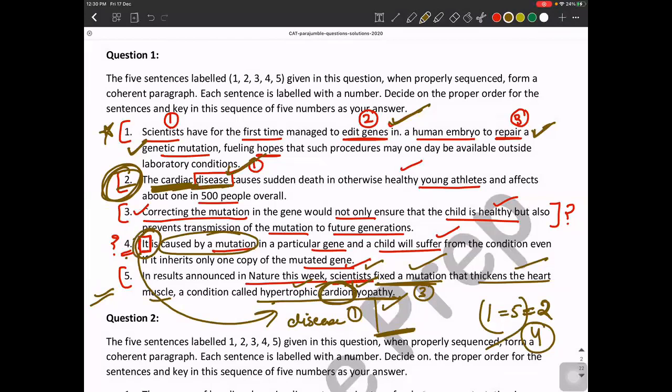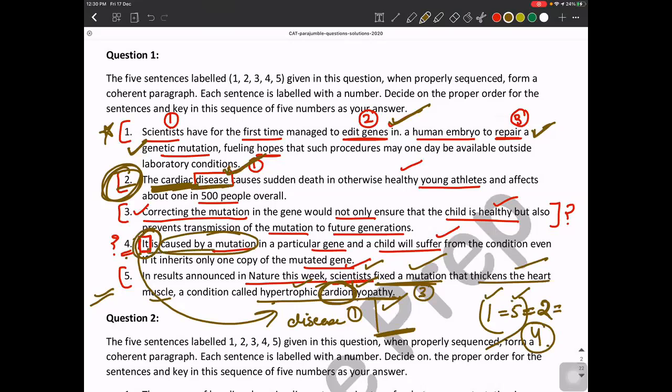I think it's very clear, right? First option is connected with fifth. Fifth has a connection with the second option, because here they are talking about hypertrophic, and we can relate it to disease, and it can cause sudden death in many young athletes and as well as affect people a lot, right? And the second option has a direct connection with the fourth.